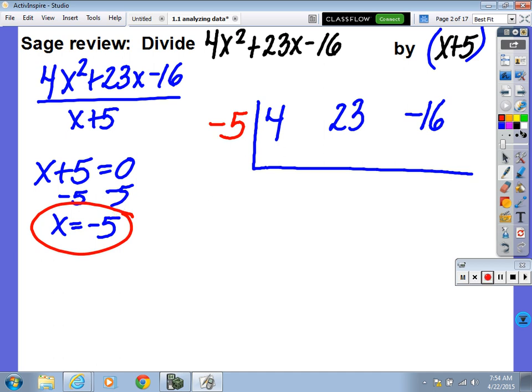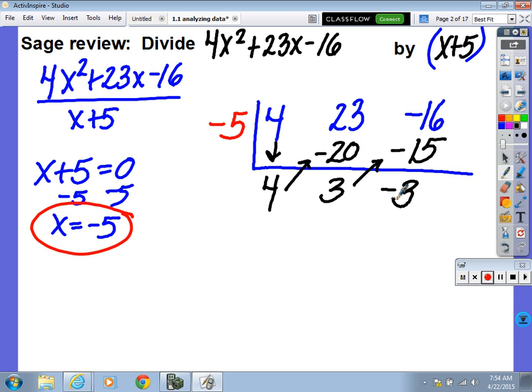So let's go ahead and do our synthetic division. So remember, it's always adding straight down. And so you add straight down, technically there's a 0 here. So pretty much we're just dropping down the first term. 4 plus 0 is 4. Then you multiply 4 times negative 5, which is negative 20. Then you add straight down. 3 times negative 5, negative 15, and adding straight down, negative 31.